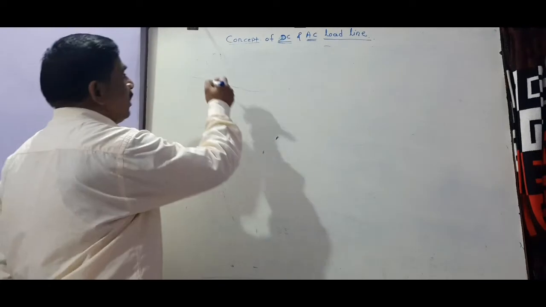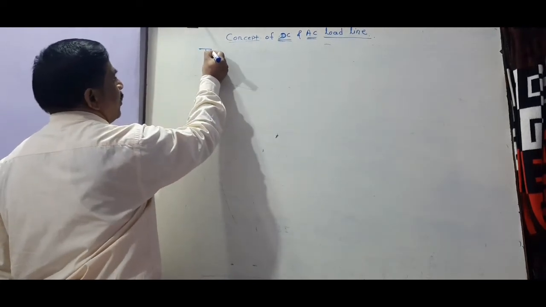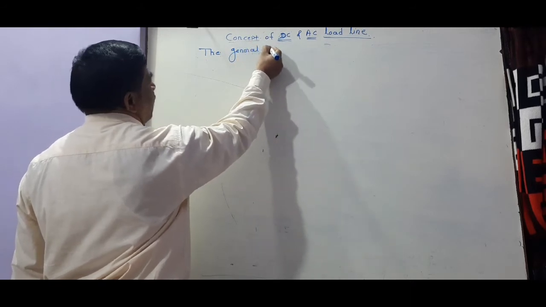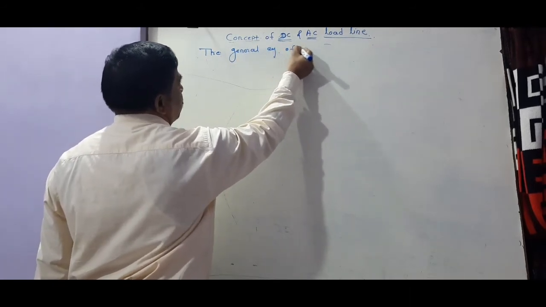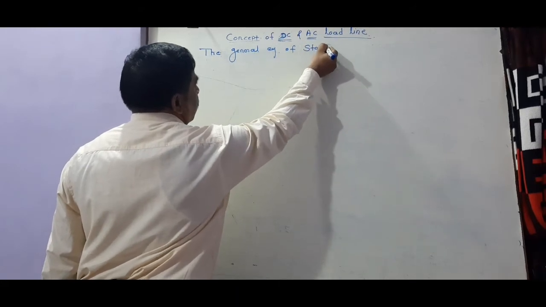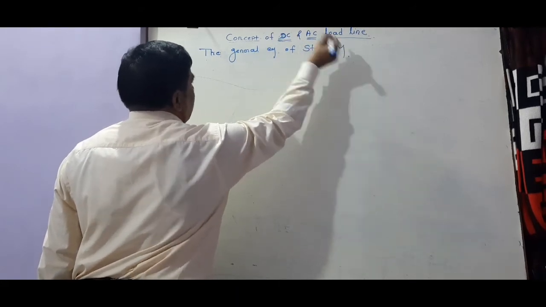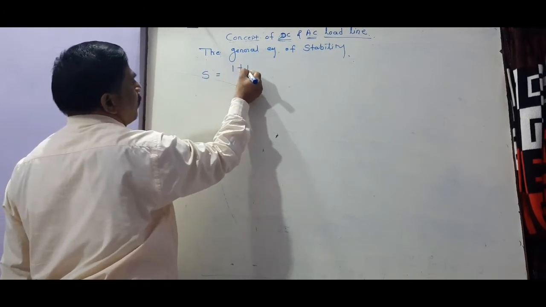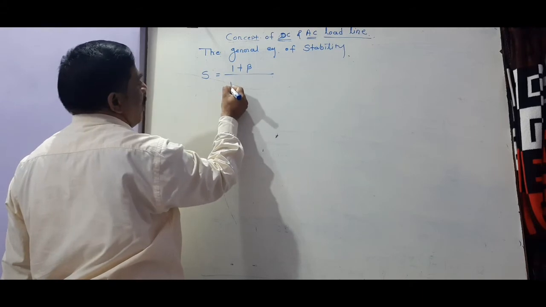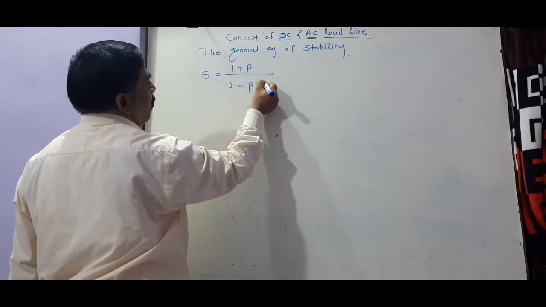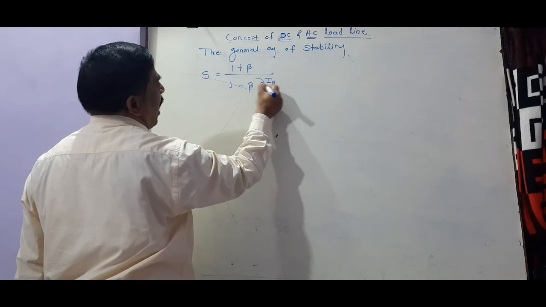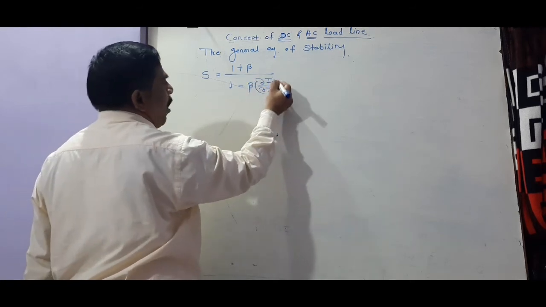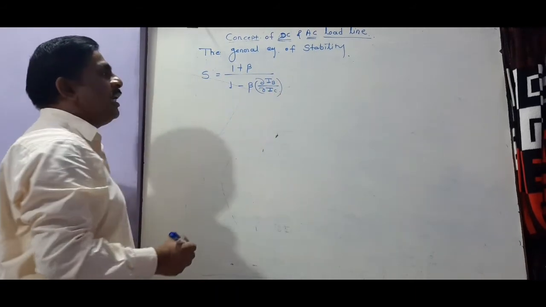The general equation of stability, as we have already seen, is S is equal to (1 + beta) upon 1 minus beta into delta IB upon delta IC. Now in this equation we have to find delta IB and delta IC.